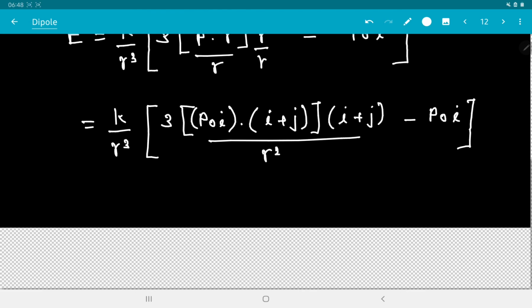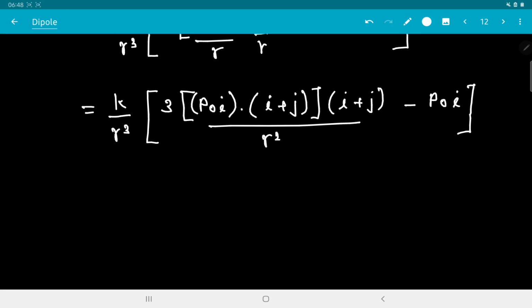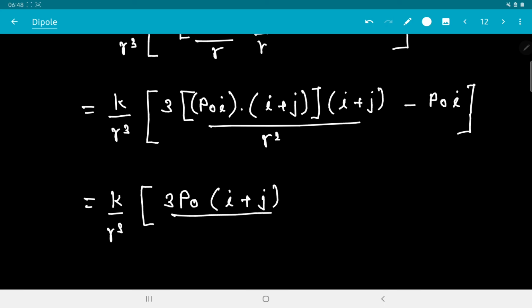Now this is a dot product, so only i cap will multiply, and we will get a scalar, that is 3 p naught. Outside the bracket again we have i cap and j cap divided by r square, minus p naught i cap.